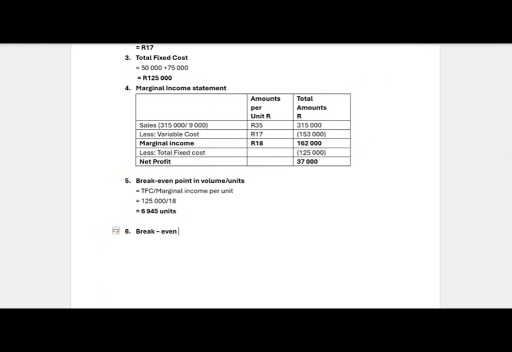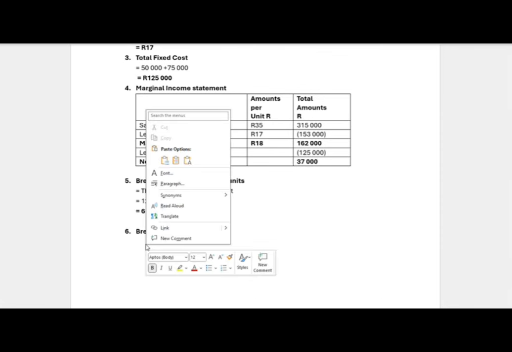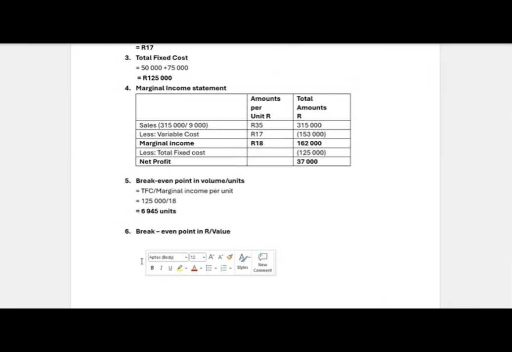Break-even point in rand value is the simplest one.